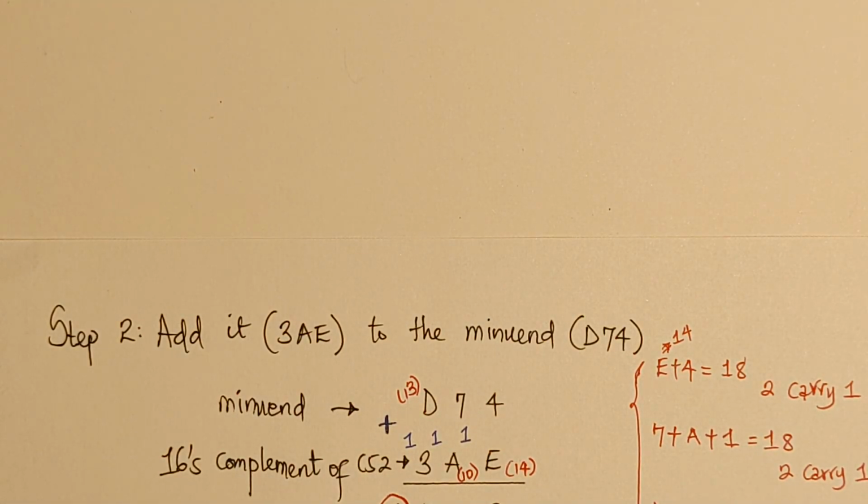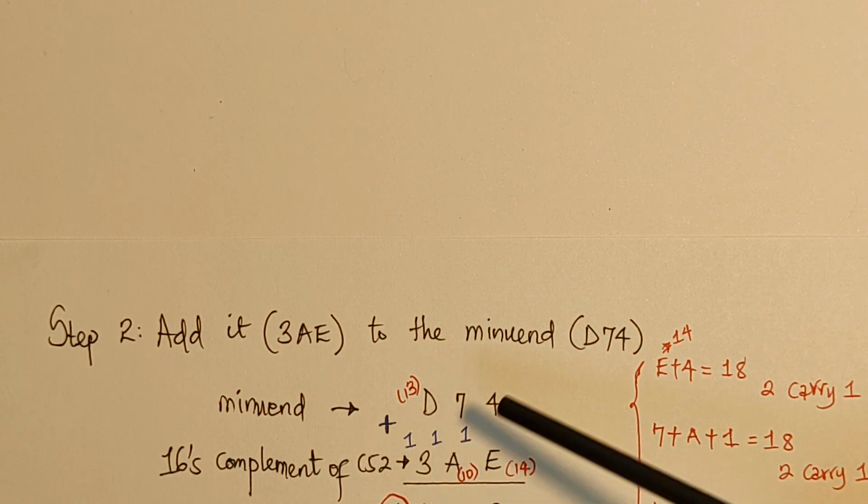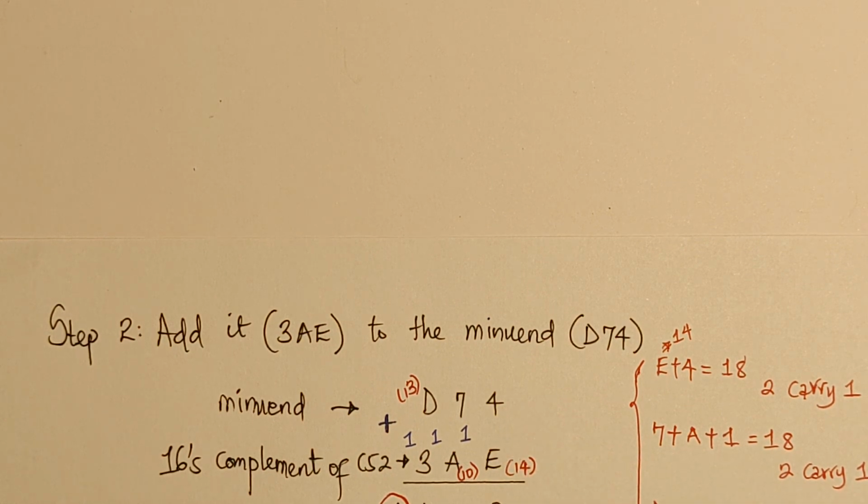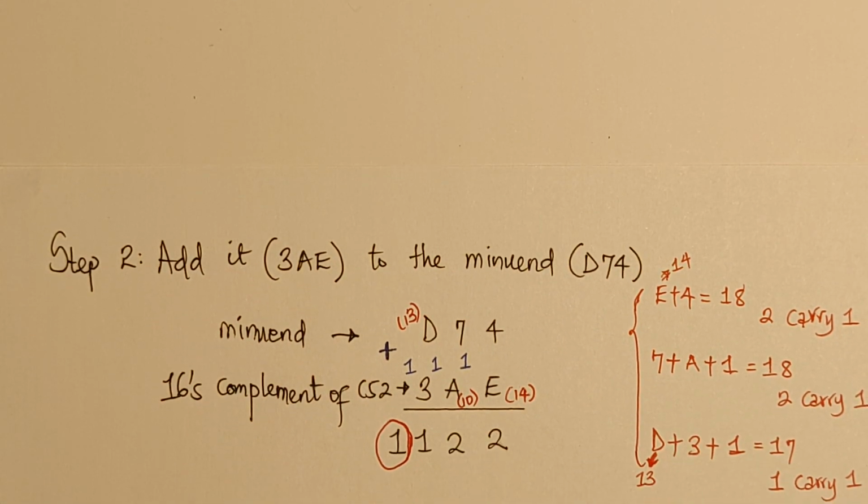So let's proceed with step 2, which is to add the subtrahend value of the 16 complement to the minuend. Okay, so that seems to be the 3AE from step 1, adding with the minuend D74. So when we add this, it's like 4 plus E, which is 14, it will give us 18. 18 is greater than 16.